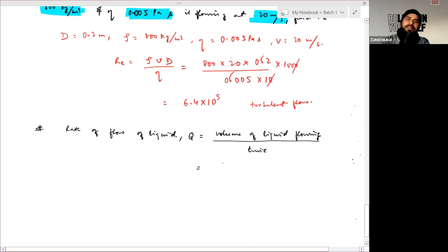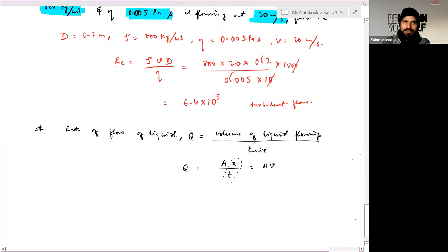Volume is area of cross section into length divided by time taken. So this x by t will be termed as velocity. So it will be A into V equals Q. So rate of flow of liquid Q is equal to area of cross section into velocity.